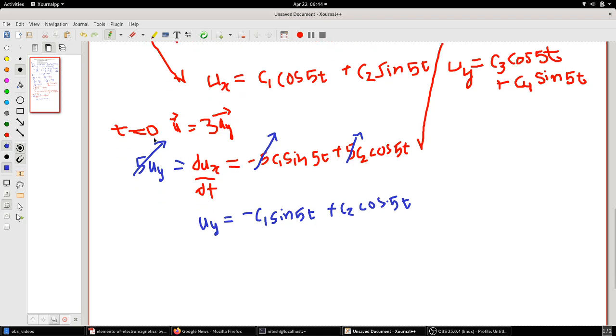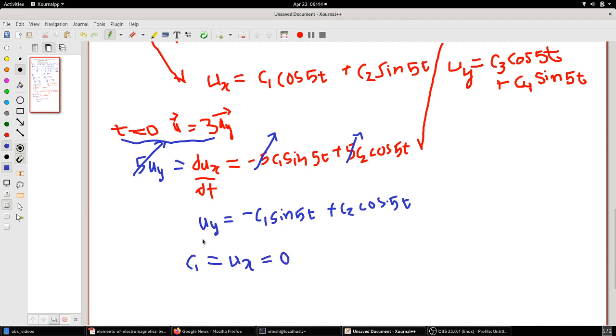So the initial conditions, this particular initial condition, I plug it in here. What I will get is C1 into cos of 0 plus C2 into 0 will be equal to ux. So C1 equal to ux, which is equal to 0.